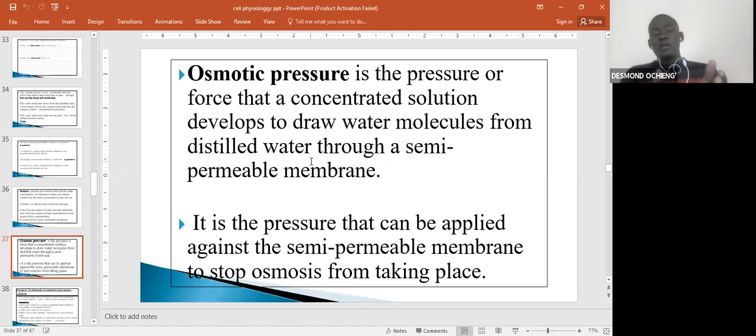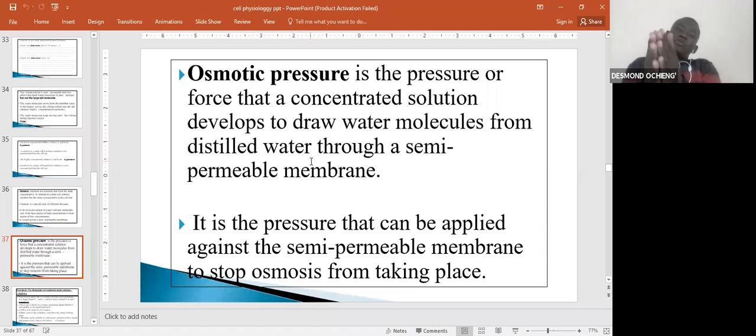Now, assume more of the concentrated solution has drawn water from the dilute solution. It reaches a point whereby some pressure is developed against the semi-permeable membrane so that more of the water molecules are not drawn.